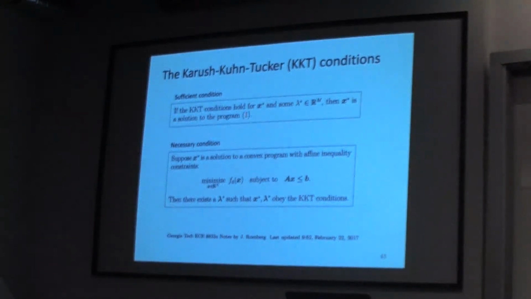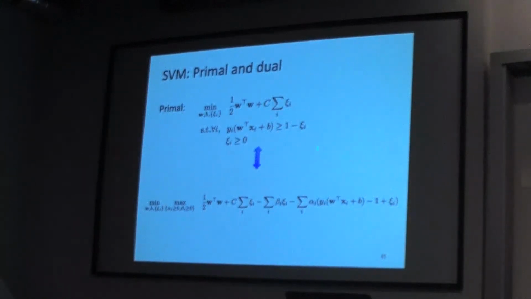So what's the usage of KKT conditions? If you take a look at our SVM objective function and its constraints, you can see that all those constraint functions are linear.